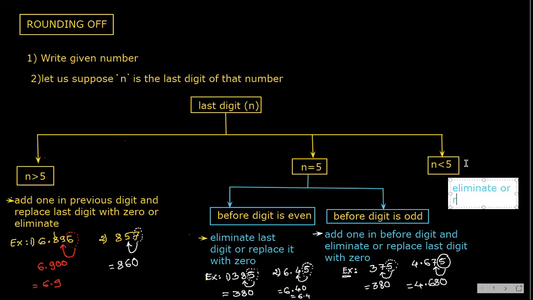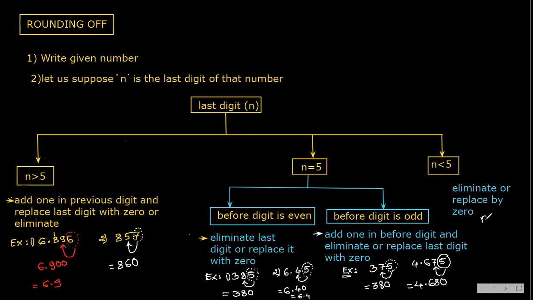Eliminate or replace by 0. This is the last one, when n is less than 5.